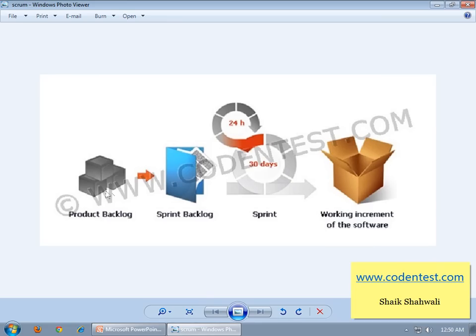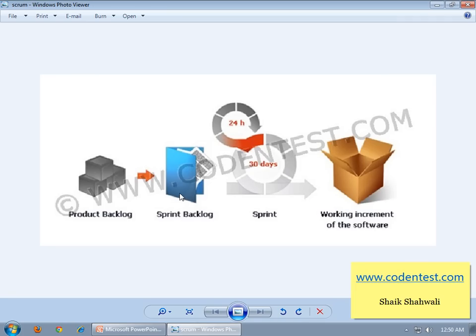For example, assume we have a software to build and that software has 50 screens. A product backlog is a list of those 50 screens sorted in importance. Priorities are given to those 50 screens. That is the product backlog.